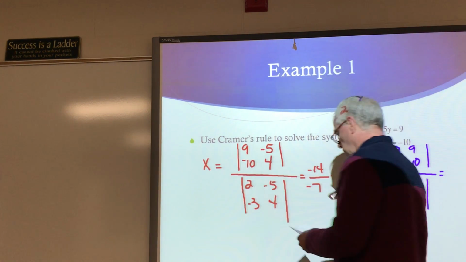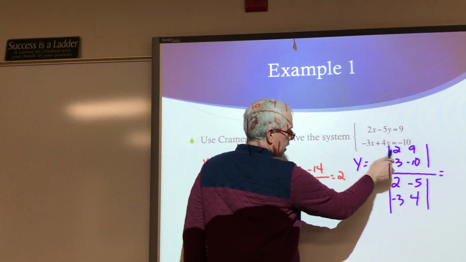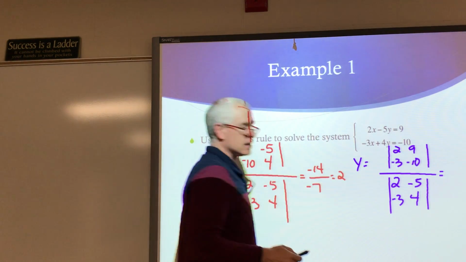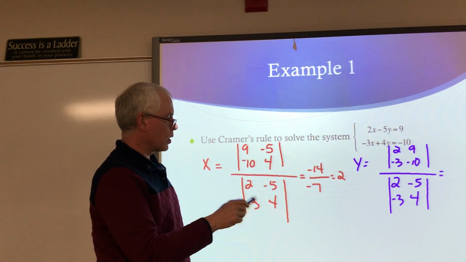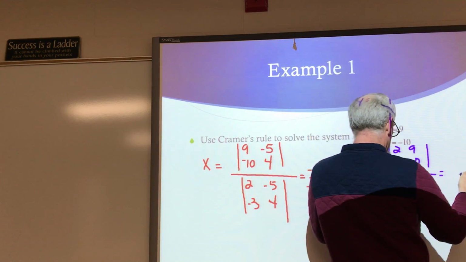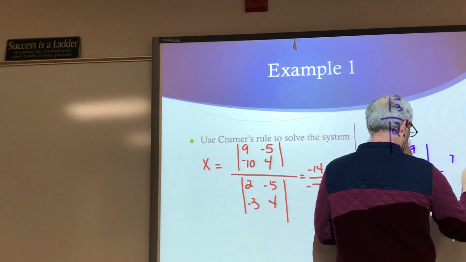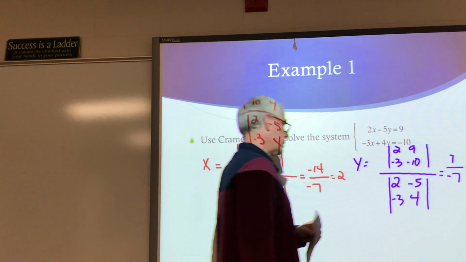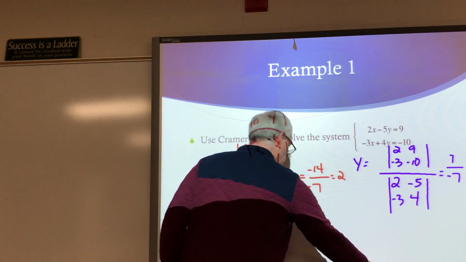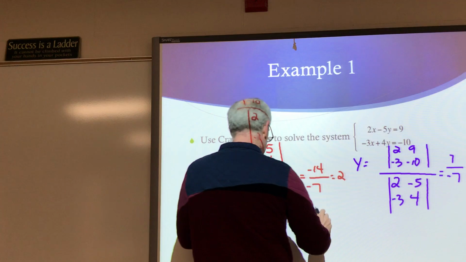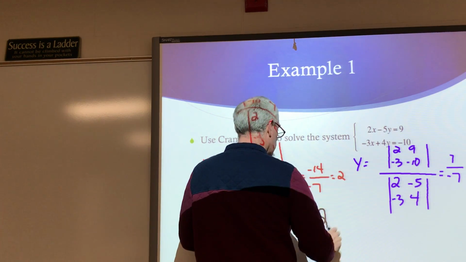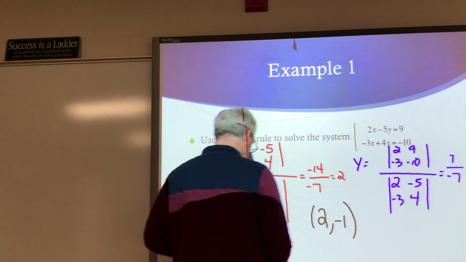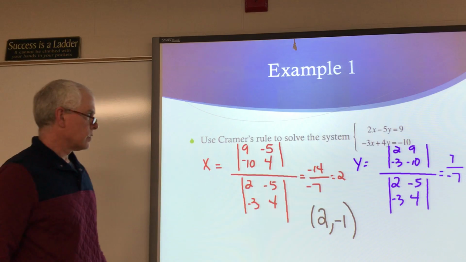When I work that out, I get -20 minus a -27. So -20 plus 27, which is 7. On the bottom, we said we got -7, so that's -1. And so our solution to that system: x is 2, y is -1. That's our final solution.